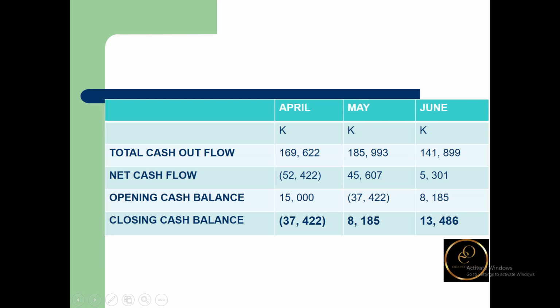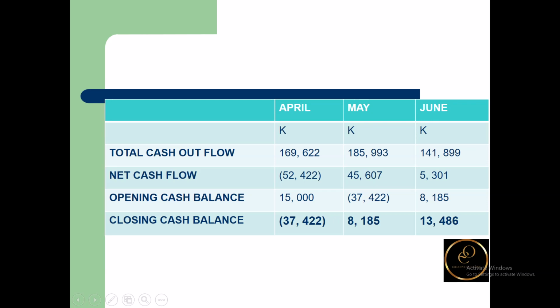So as before, the 8,185 kwacha, which is the closing balance in May, automatically becomes the opening balance in June. In June, we have an opening balance of 8,185. And in June, we expect to make a positive net cash flow of 5,301.